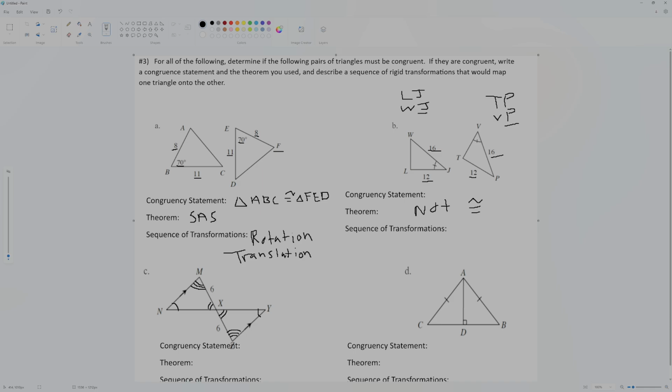Okay. Your congruency statement, you would match them up according to their arcs. So we have N to X to M. I did it in terms of arcs. So we have triangle N, X, M. We're going from single to double to triple, so that would be triangle YXZ.